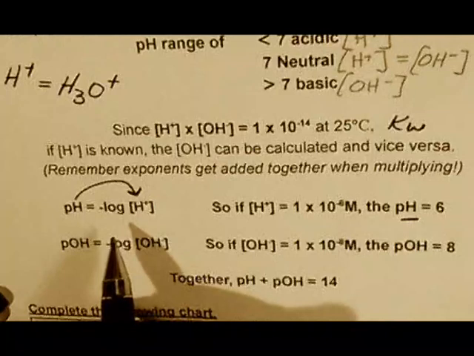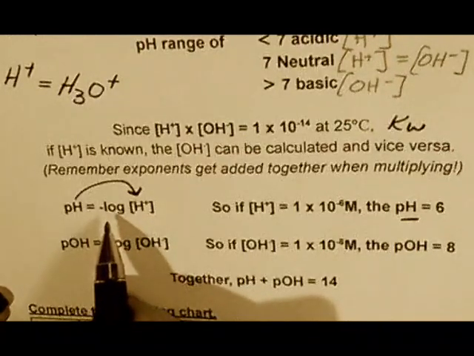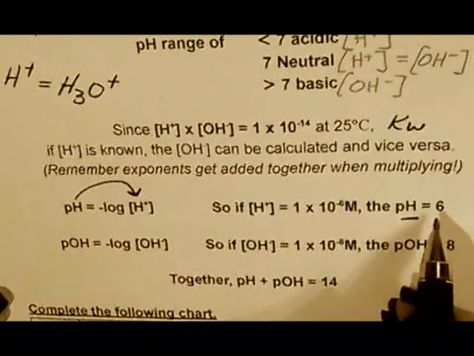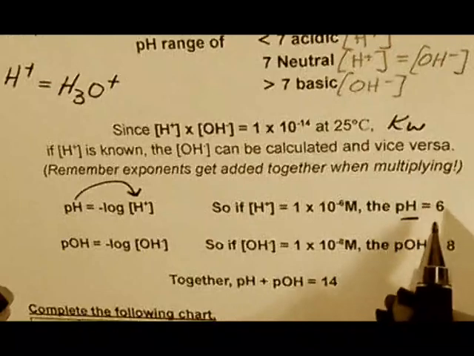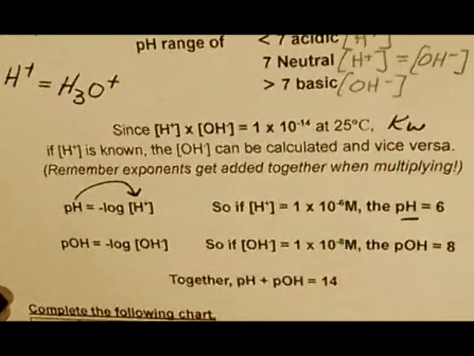Remember, we didn't have to go crazy with logs. On the Regents level, the negative log just becomes the exponent. So if a pH is 6, the exponent is the negative 6. So we know it's the trick.